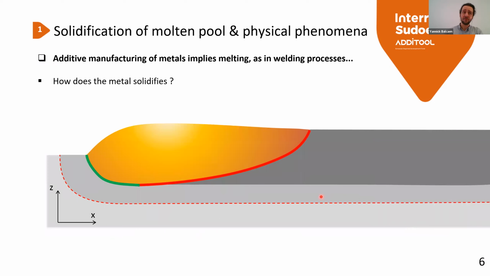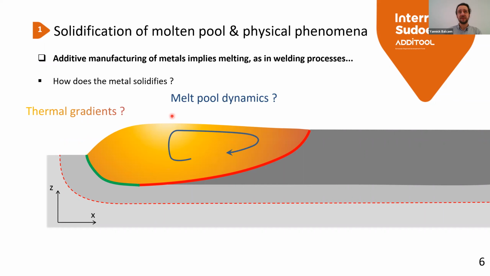So how does the metal solidify in such welding or additive manufacturing processes? First, we have thermal gradients within the liquid melt pool. Second, we have melt pool dynamics, so movements of liquids in this melt pool induced by thermal gradient, but also by Marangoni-induced convection, and sometimes Lorentz force in the case of arc additive manufacturing.